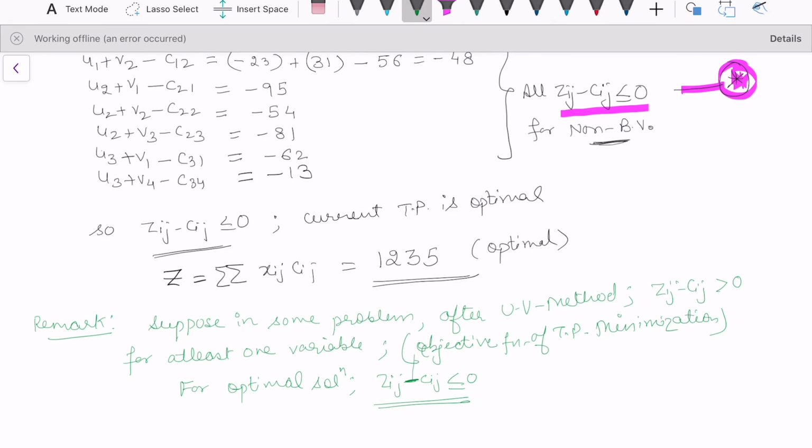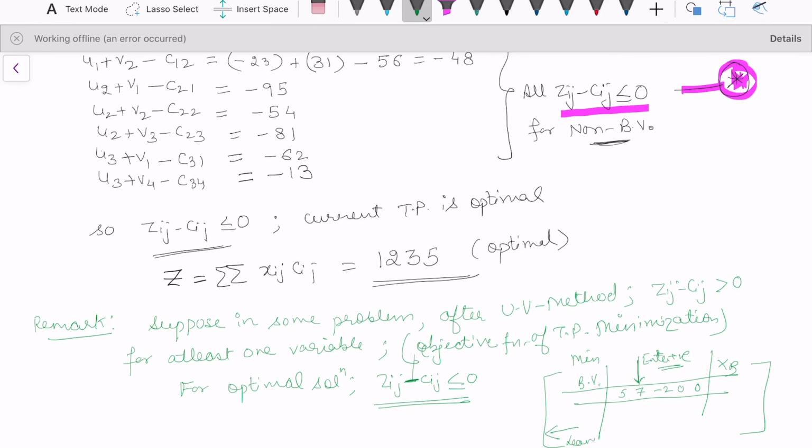If this condition is violated, then, as we have applied in the simplex method, if we want to recall it here, if my Zij minus Cij is positive and this problem is minimization, we enter the most positive, and then accordingly we leave one variable. So this process is kind of called looping here.